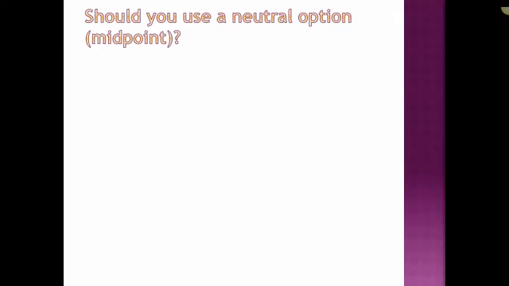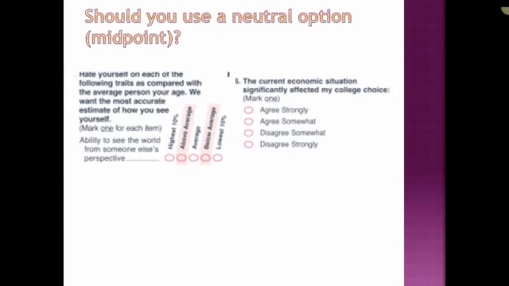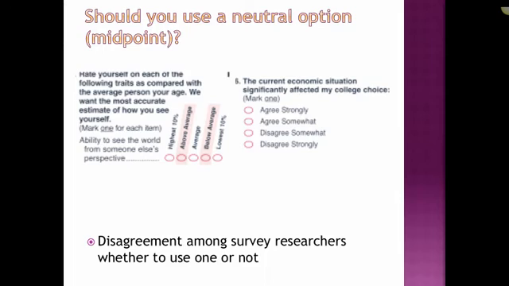One issue when you're using scales in your research is whether or not to use a neutral option or a midpoint. For instance, neither satisfied nor dissatisfied, or neither agree nor disagree, or no opinion, a midpoint or neutral option on your scale. And really, among survey researchers, there's disagreement as to whether or not you should use one, even on the same survey.